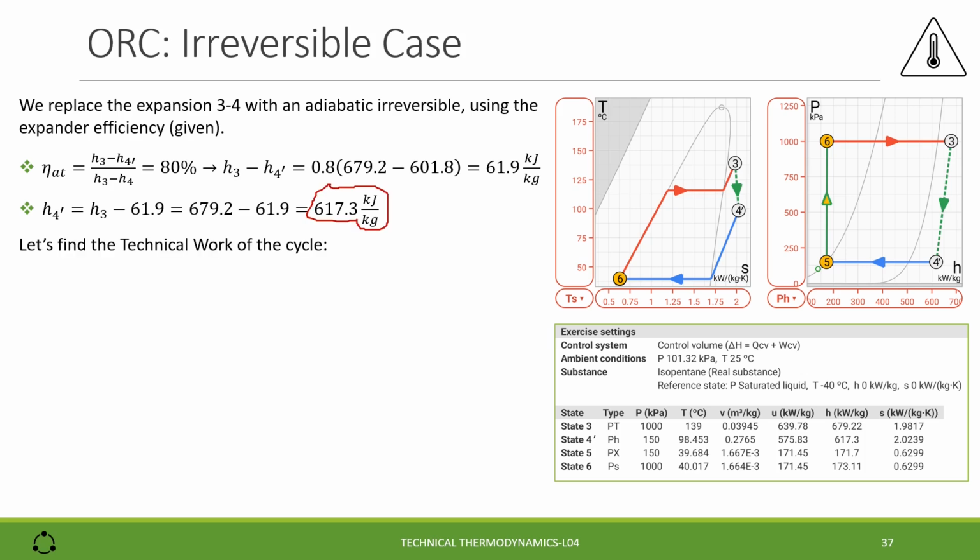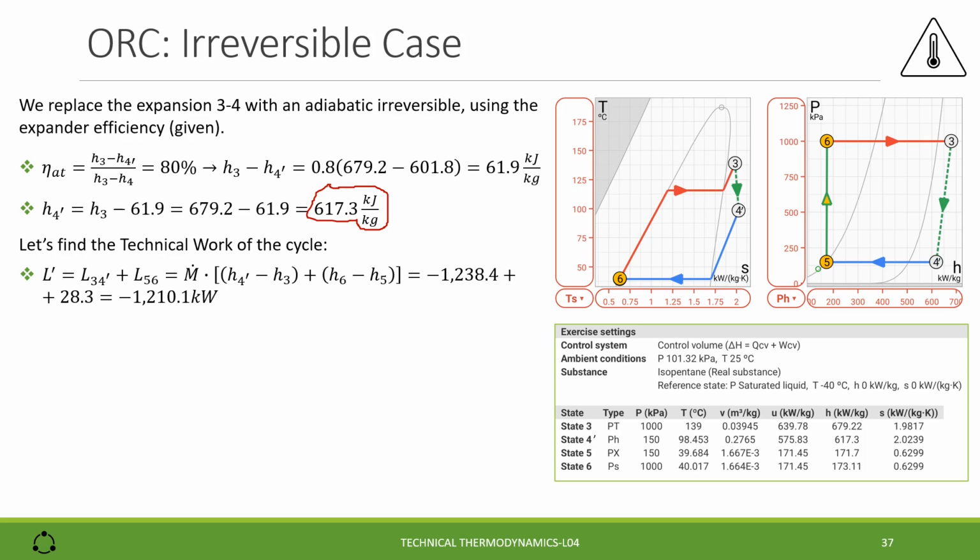And then we can find the technical work of the cycle. The new work is the sum of the work over transformation 3-4' and the work over transformation 5-6. The last one is not changing.